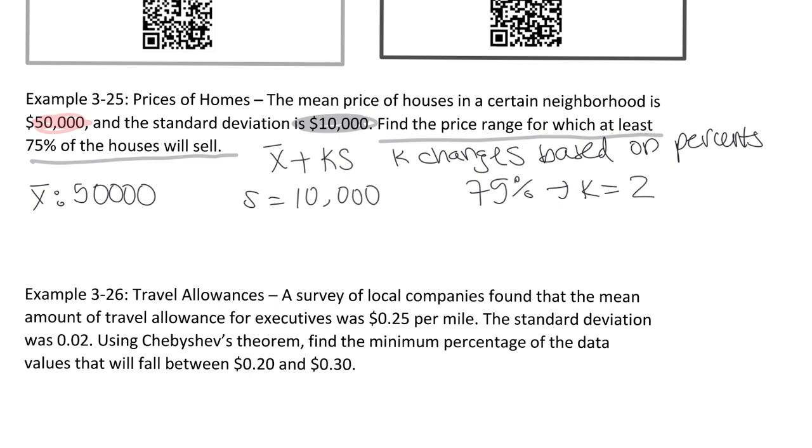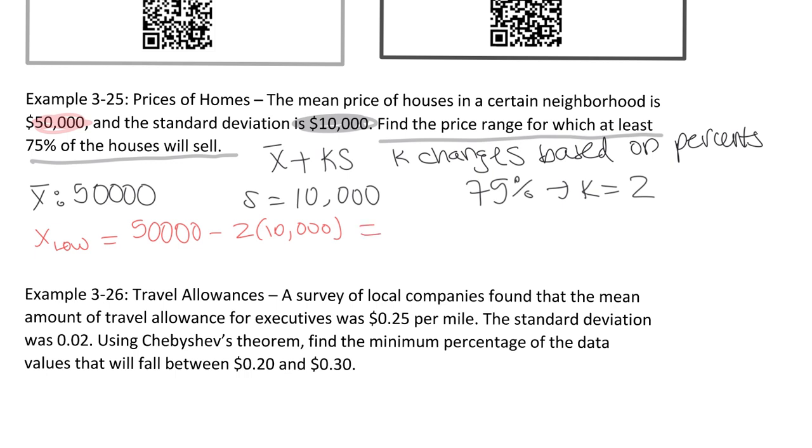All right, so I'm going to find the low and I'm going to find the high. There is more than one way to do this, or one way to think of this. But I'm going to follow the formula because that's how they want us to do it, and then I'm going to show you the other way as well. So if 50,000 is my average, I can do minus 2 times the standard deviation, which is 10,000.